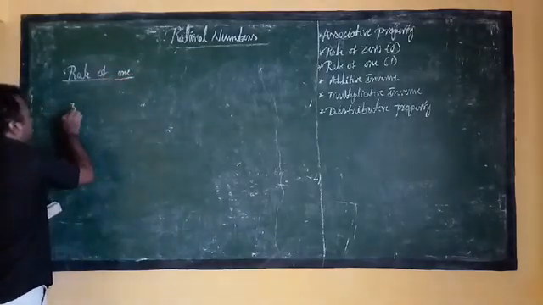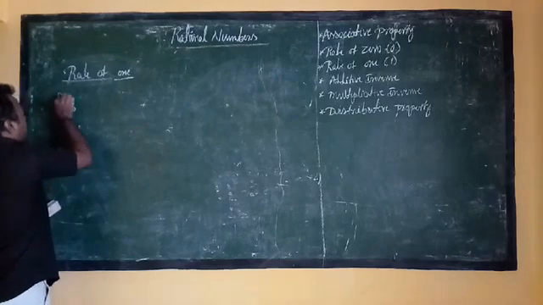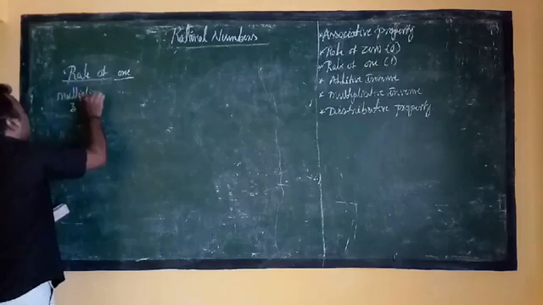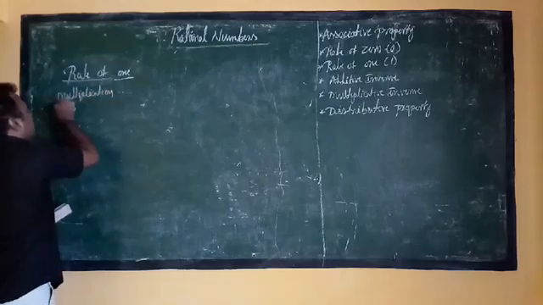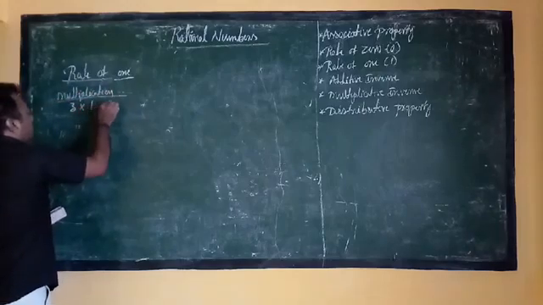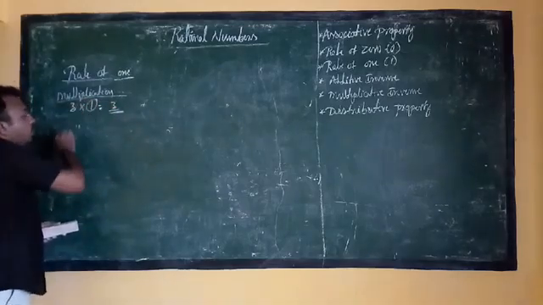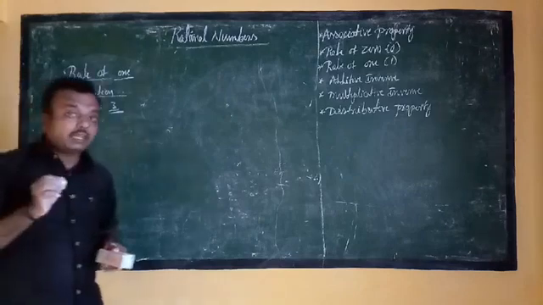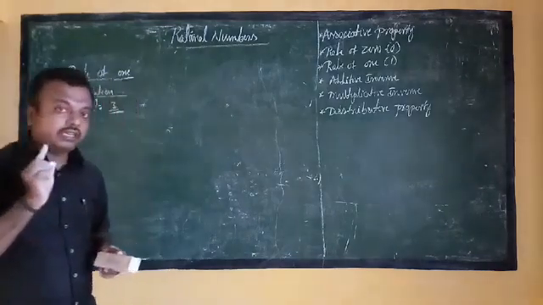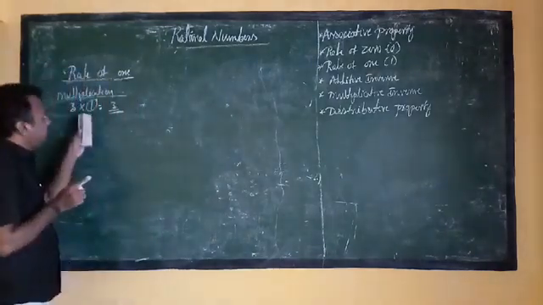Next, the role of 1. Over the multiplication or divide, 3 into 1, what is the result? 3. Therefore, 1 is what? Multiplicative identity. So additive identity is 0, multiplicative identity is 1.